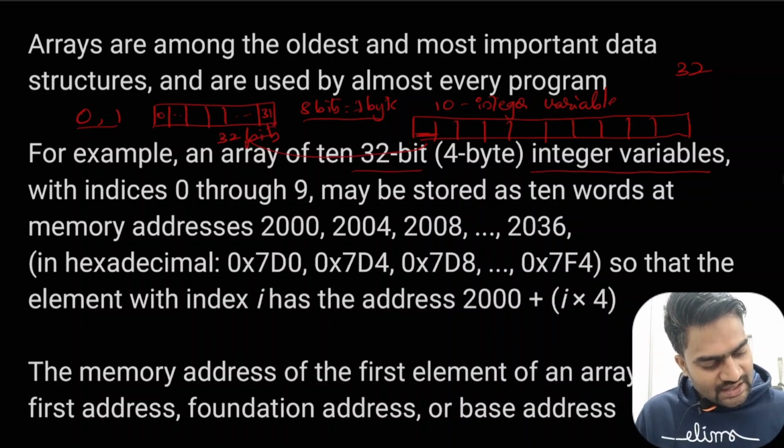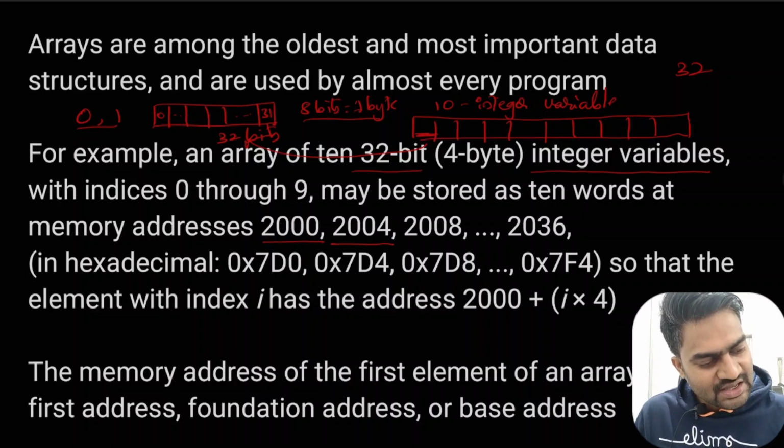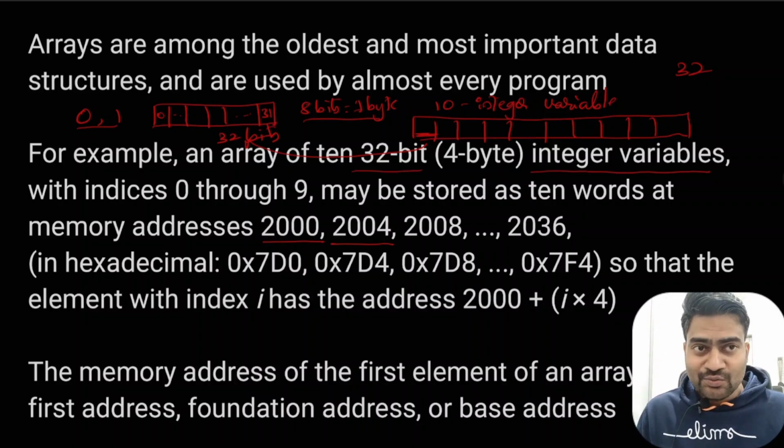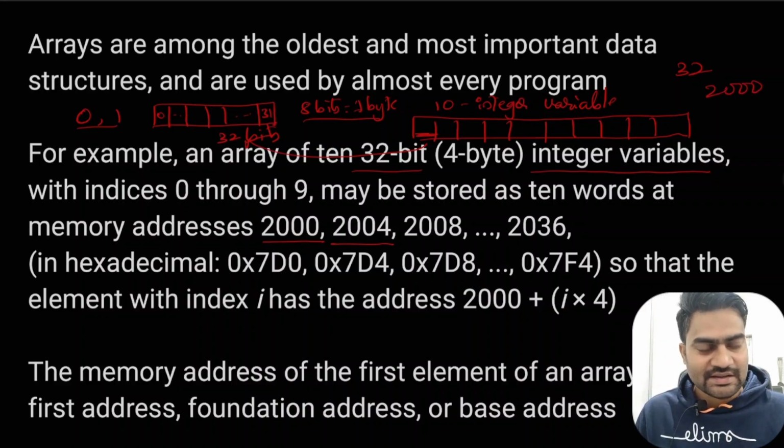If you see here, each memory address is pointing to 1 byte. So for storing a 32-bit value, we need 4 bytes, right? For one integer value to store, it starts from 2000.